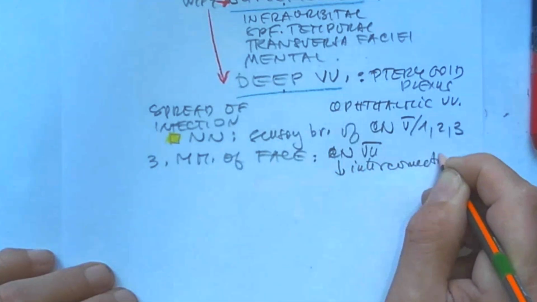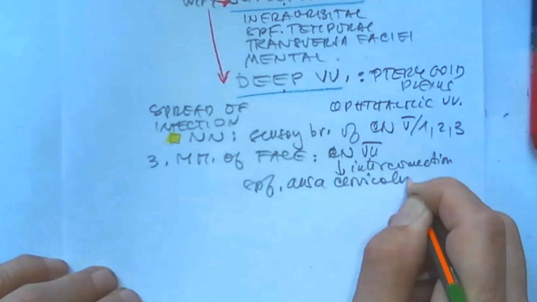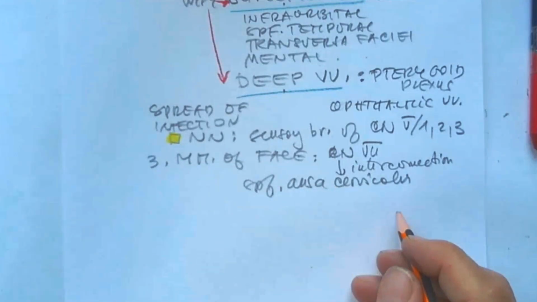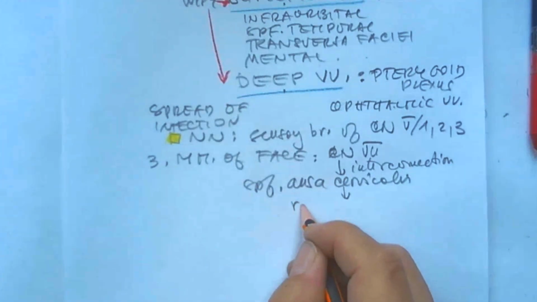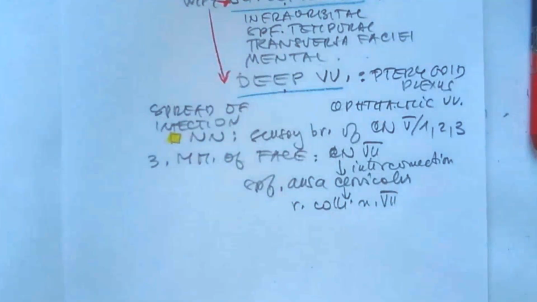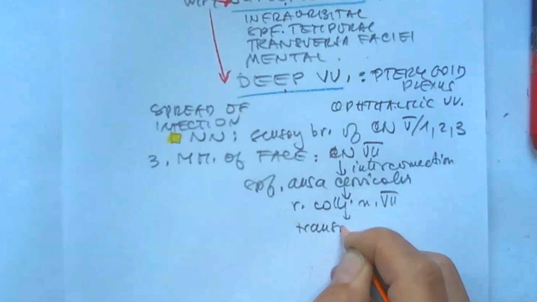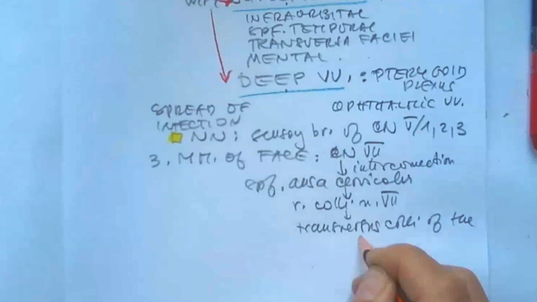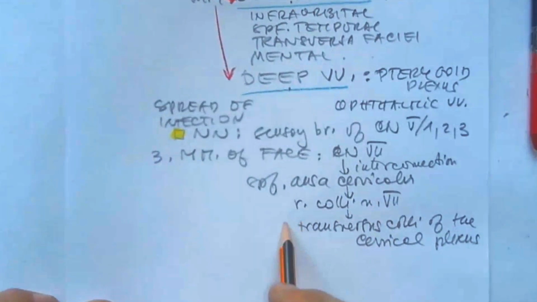The interconnection is called superficial ansa cervicalis, and this ansa cervicalis consists of the ramus colli of nerve number 7, plus the transversus colli of the cervical plexus, yes, ramus colli, and this interconnection is called ansa.